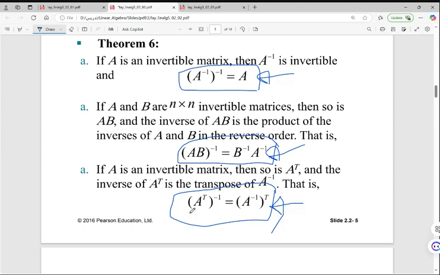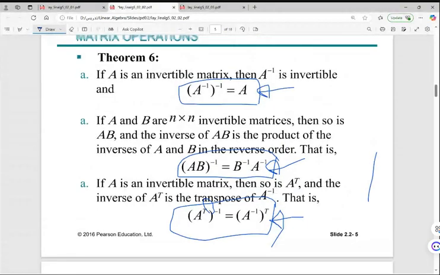You shouldn't have, for example, A transpose, then some other term, then minus 1. No, it is not valid. If minus 1 and transpose are immediately after each other, you can exchange them. Instead of (A^T)^-1, you can write (A^-1)^T, and vice versa. Okay?